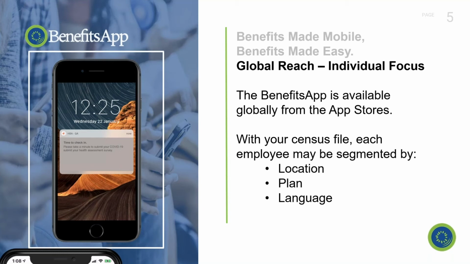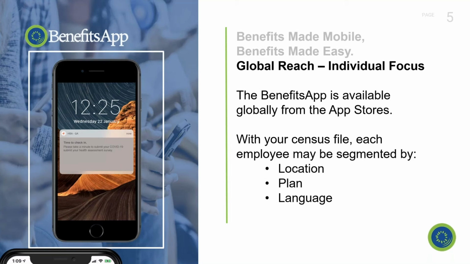And so if you can imagine, if you are in London, you would get the London salaried or executive or non-salaried plan in English. If you're in Spain, you would get the plans for that region, in Spanish. All of this is defined by your census file if that information is available and provided.